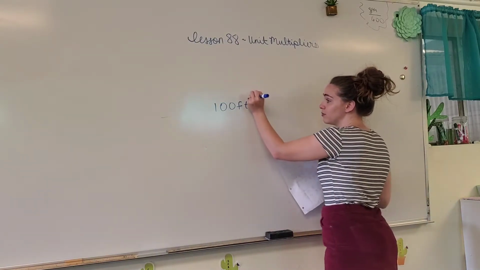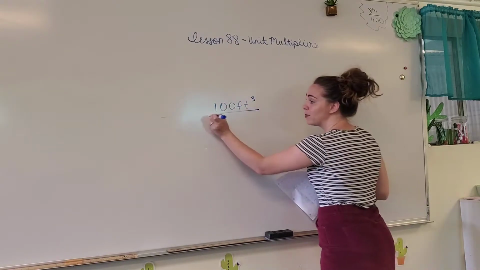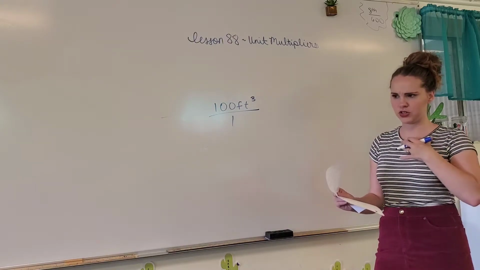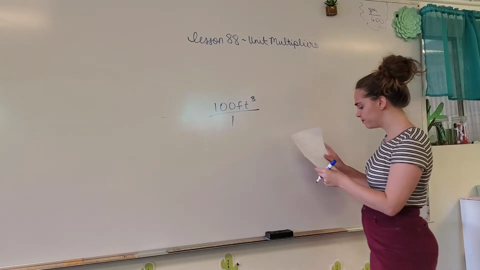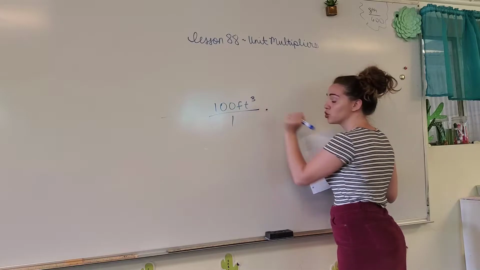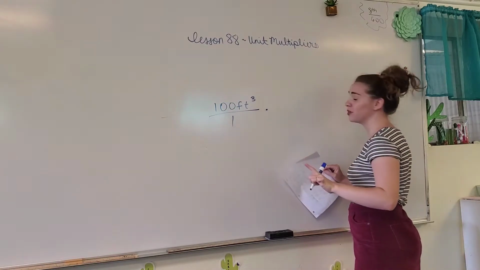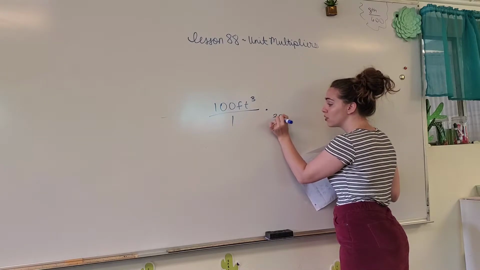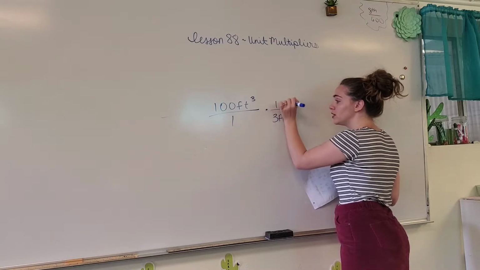Again, we're going the opposite direction this time. I'm going to put it over 1 just to make it look like a fraction, not because it has any significance. There's 3 feet in a yard. There's also 1 yard is 3 feet. We want feet on bottom. 3 feet, 1 yard.